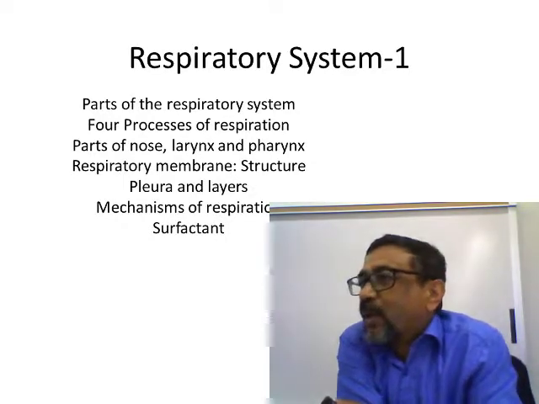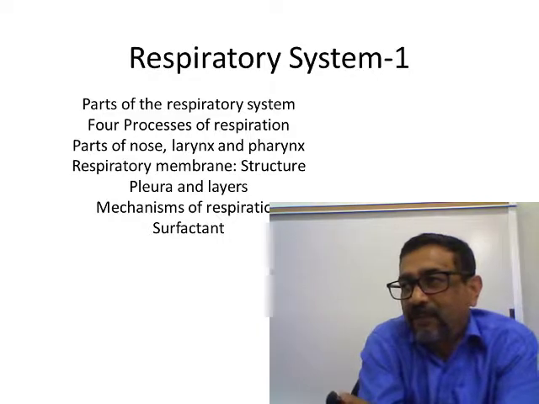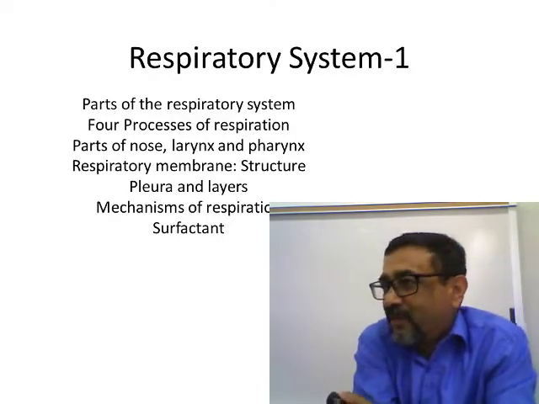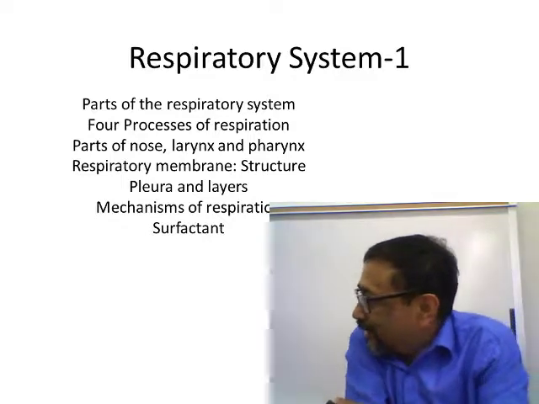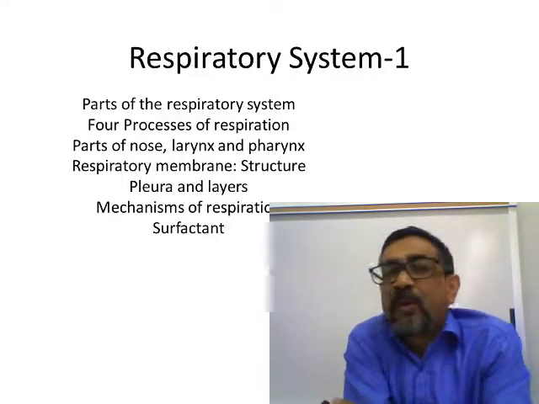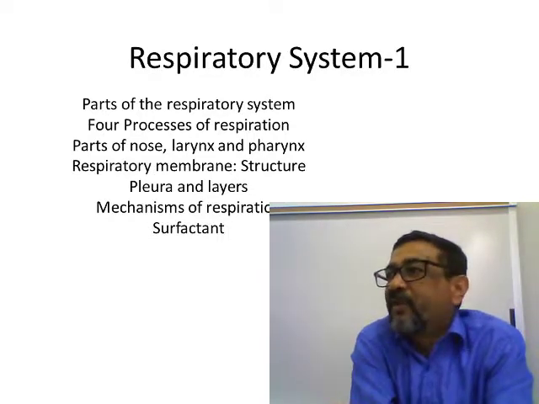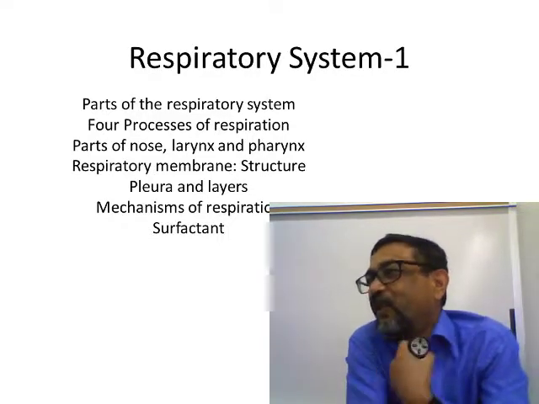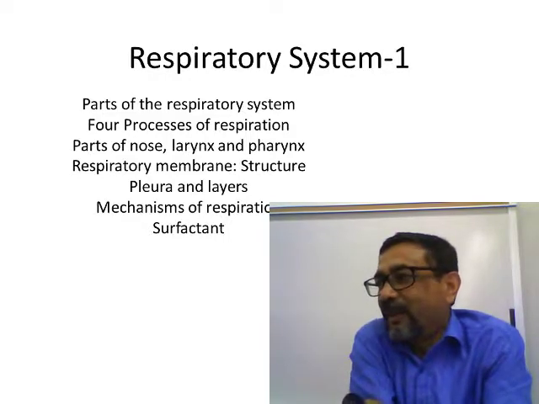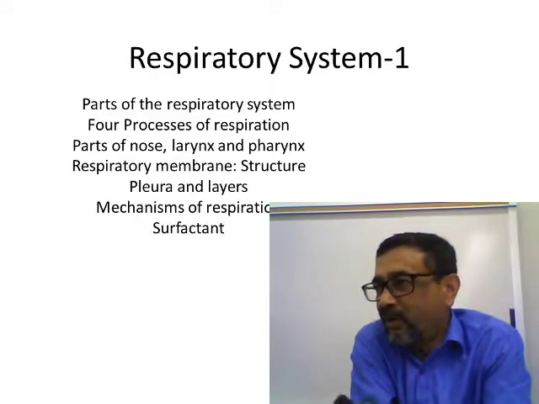Pharynx is a muscular tube-like structure composed of muscles. The next is the larynx. Larynx is also known as voice box. We produce voice by the larynx. That's why it is also called voice box.